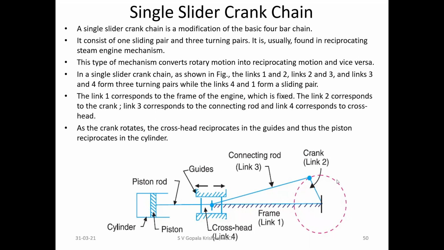When the crank rotates, the motion is transmitted to the connecting rod. Then the connecting rod transmits the motion to our crosshead. When the motion is sent to the crosshead, the crosshead gives the sliding motion to the piston rod.